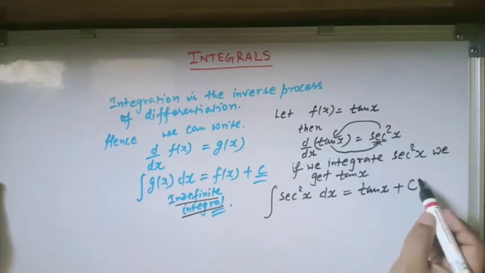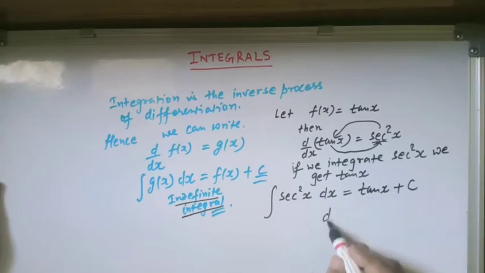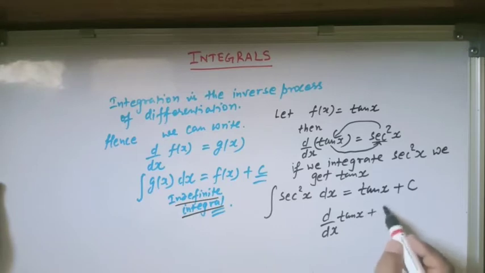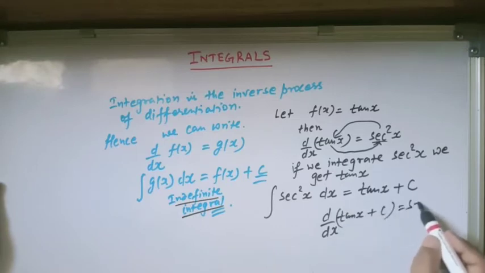Why? Because if we differentiate tan x or tan x plus c, we get secant square x, clear.